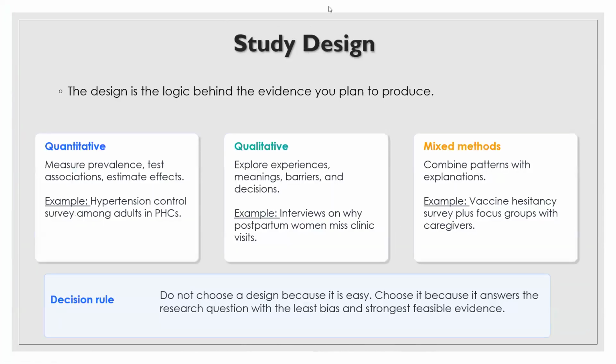So we'll look at the study design, which is a very, very strong aspect that needs a lot of justification. All right. So anything you want to do, you have to have the mind of a designer for you to be able to get the output or the outcome that you want.